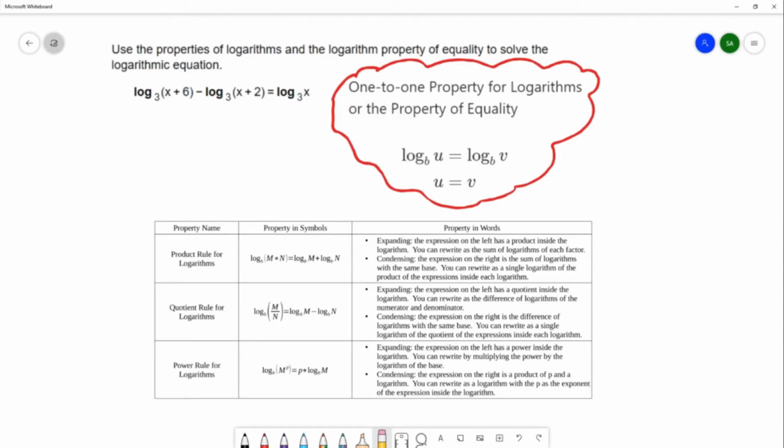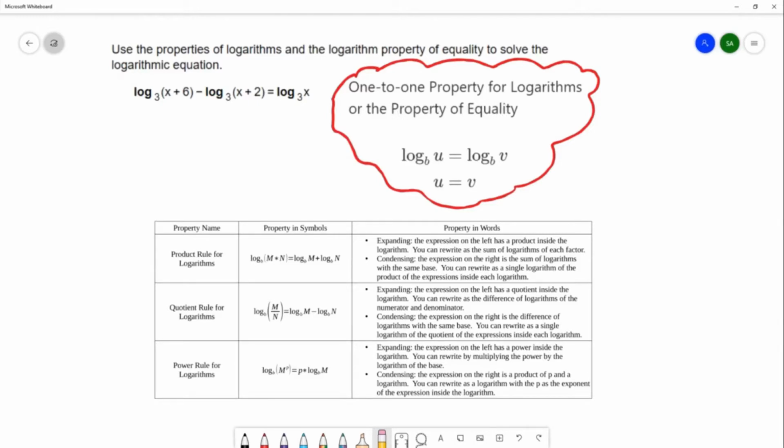So we want to use the property of equality, or the one-to-one property of logarithms. Different sources name this property differently. This book that we're working with uses the property of equality.